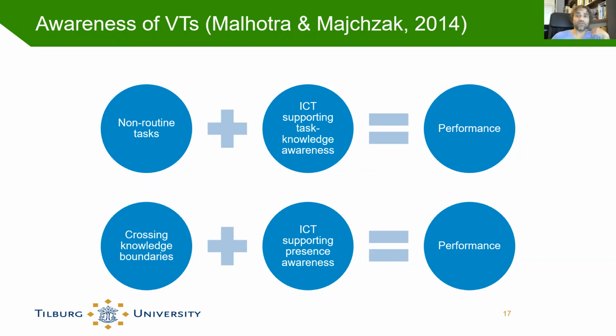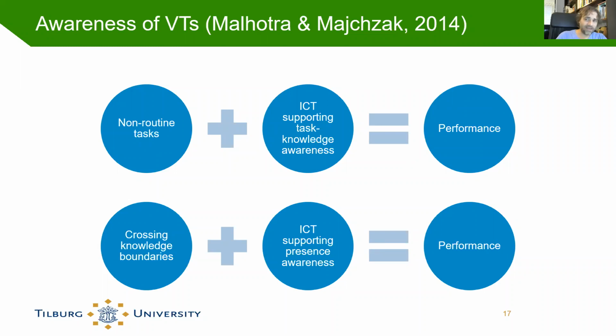So in the paper of Malhotra and Matschak, they define virtual team performance in terms of two things that you need to accomplish. So they say, well, okay, you need to be able to support task knowledge awareness, which is the ability for people to know what everyone is working on, and should be able to support presence awareness.